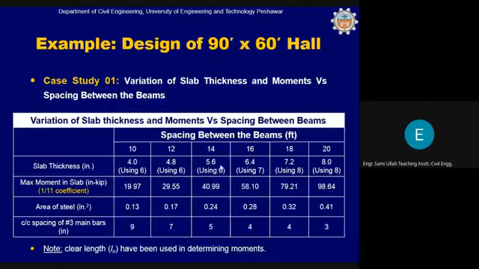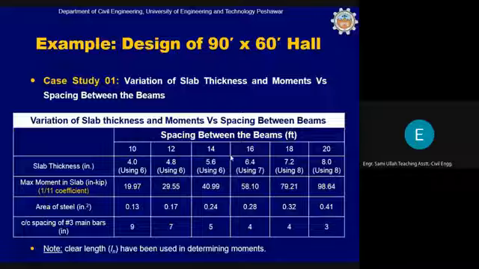Now with 16 feet, the thickness of the slab also needs to be increased from 6 to 7 inch, though the requirement is 6.4 inch. The bending moment increases from 19.97 now to 58.1. Area of steel required is 0.28, and the spacing is now 4 inch instead of 9 inch.